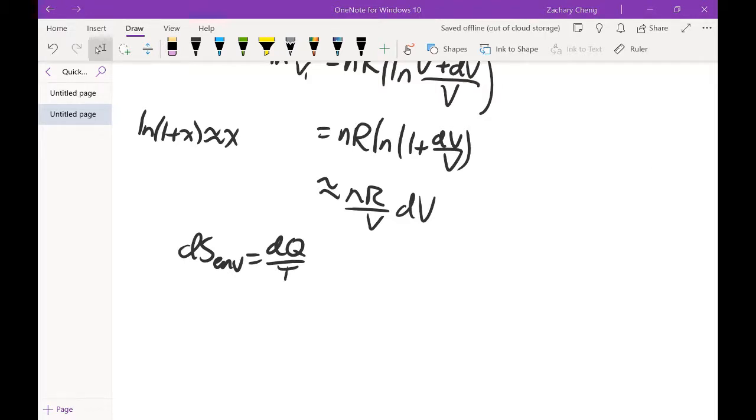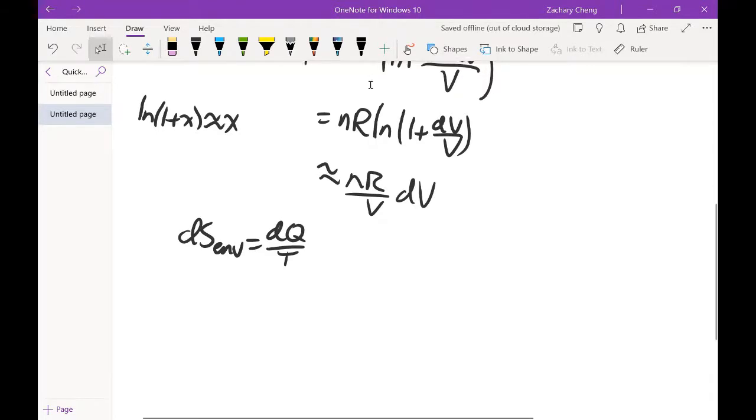Okay, so now, since we found the entropy, what happens to the entropy of both the gas and the surroundings if the piston moves to the right?